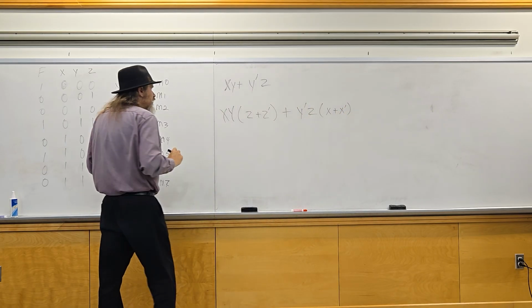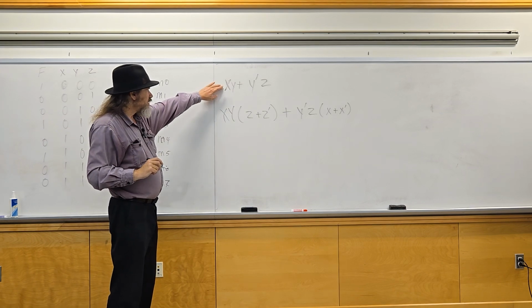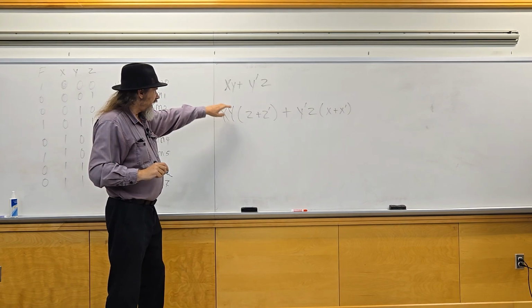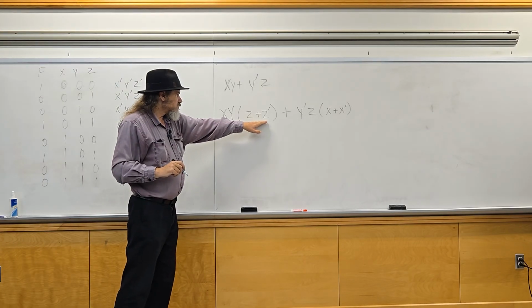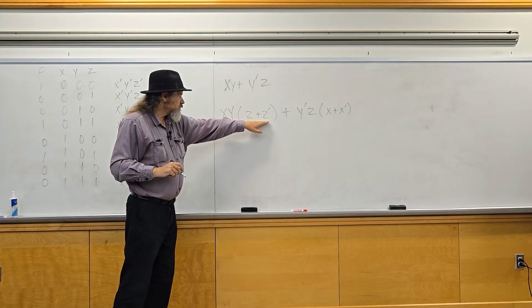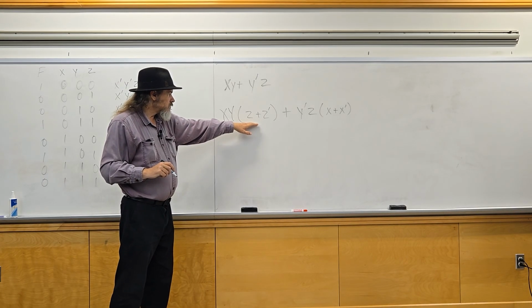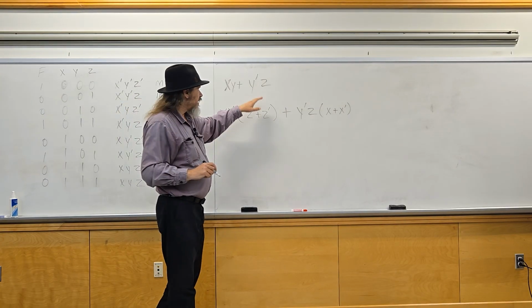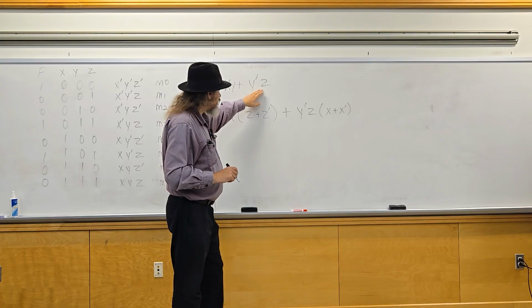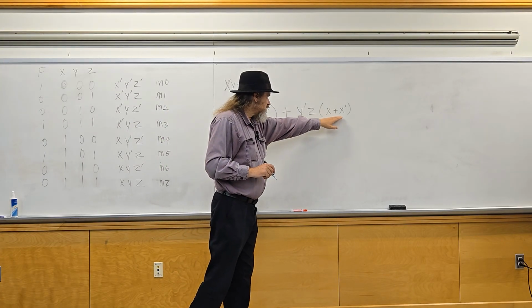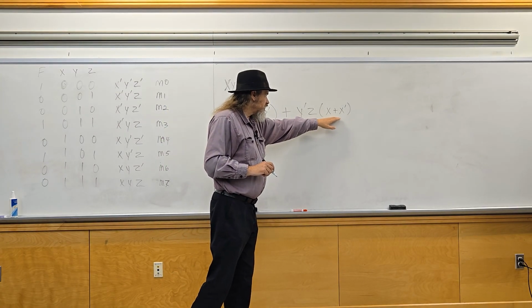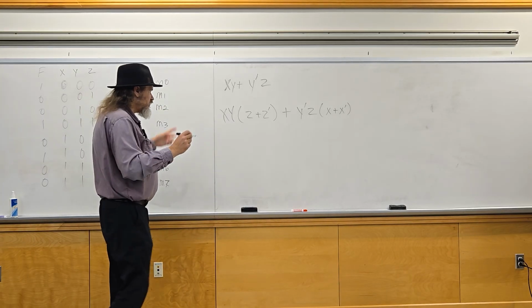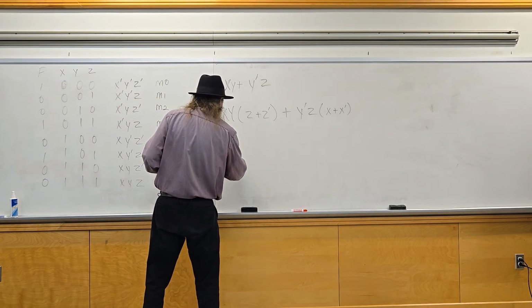What I did is I took the term and the variable not in the term, I added the complementary form of it. So it'd be equal to 1. Likewise, this is missing the x variable, so I added the and of the x and x prime. Then you just do the distributive property out.